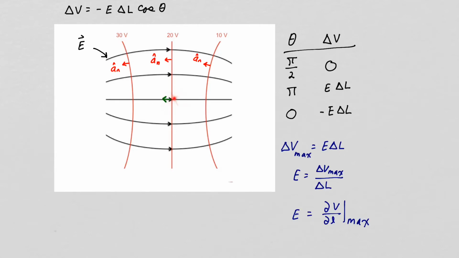That electric field intensity will be in the opposite direction of these unit normals to our equipotential surfaces. So the electric field intensity is the maximum value of partial of V with respect to L, and its direction, minus this unit normal vector, is opposite the direction of maximum increase of electrical potential.